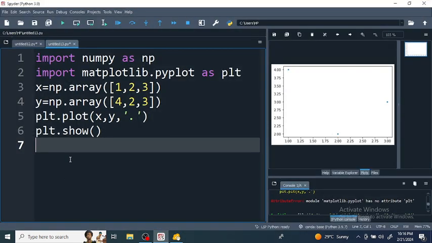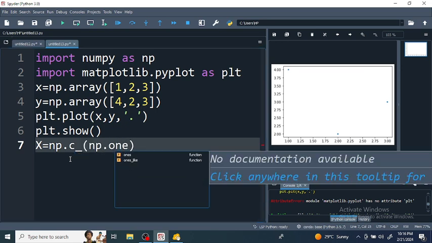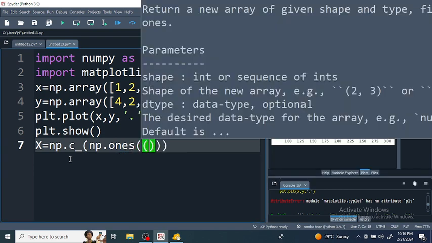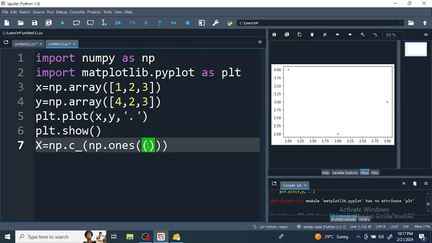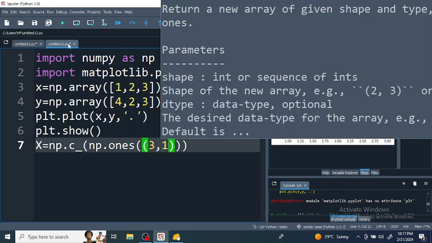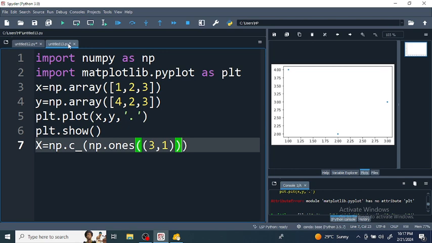So for that we use capital X is equal to np.c_, then inside the bracket np.ones, and the dimension here is 3 by 1, since 3 data points are given, 3 by 1, and x.